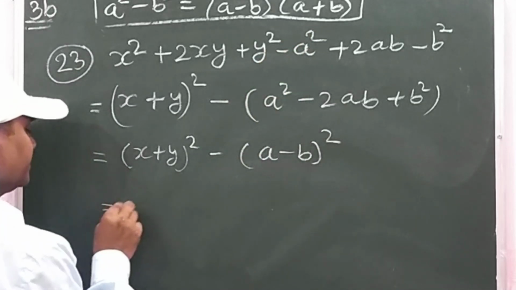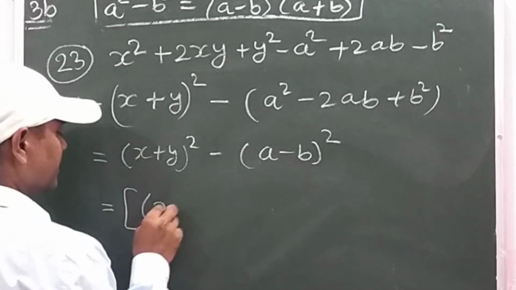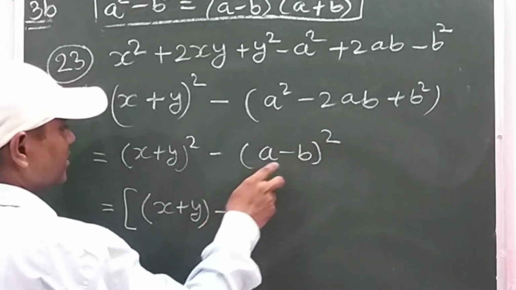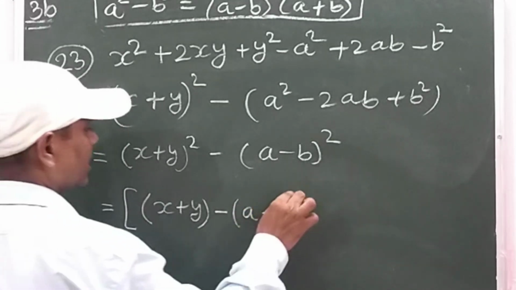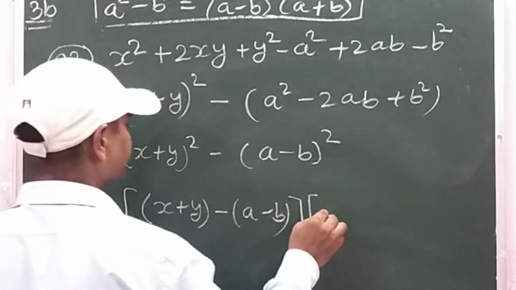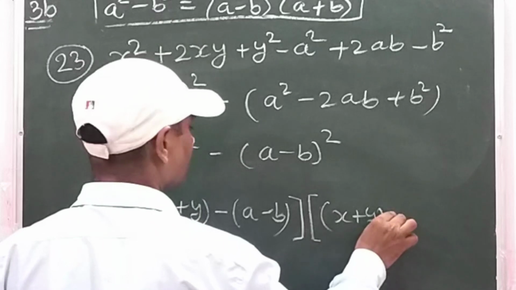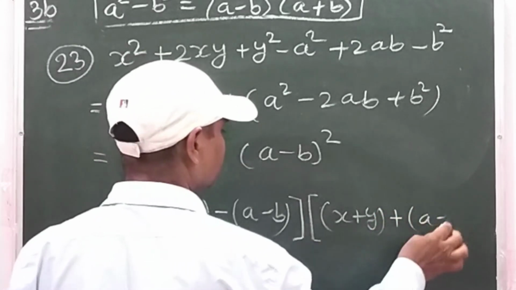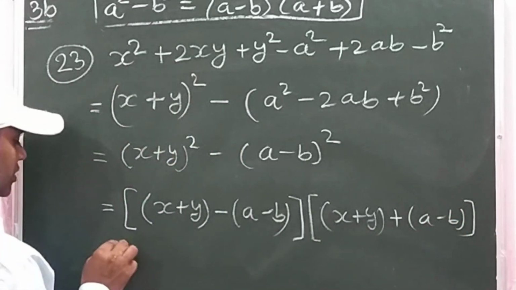So we will write here, in one bracket, the value of a is x plus y, minus the value of b which is a minus b. In another bracket, we will write x plus y plus a minus b. Now we will solve this question.